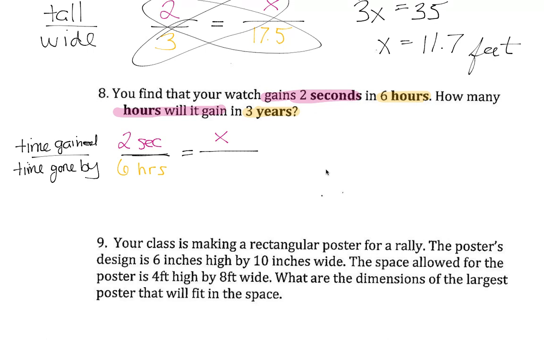However, I cannot put 3 right here because 3 is years. We need a bunch of hours to go here. So how many hours are in 3 years? So 3 years equals 3 times 365, because 365 is 1 year.